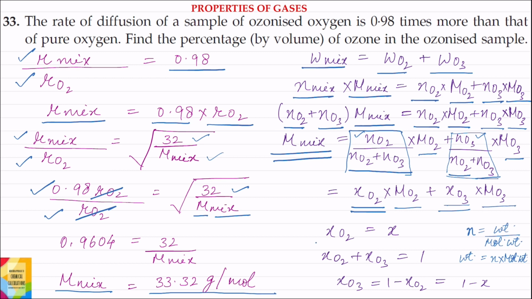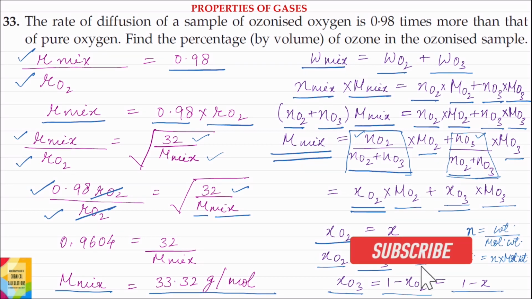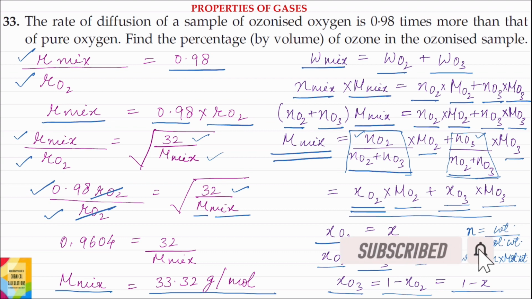Now let the mole fraction of oxygen be equal to X, and the mole fraction of oxygen plus the mole fraction of ozone is equal to 1. So the mole fraction of ozone will be equal to 1 minus X. Let this be equation 1.